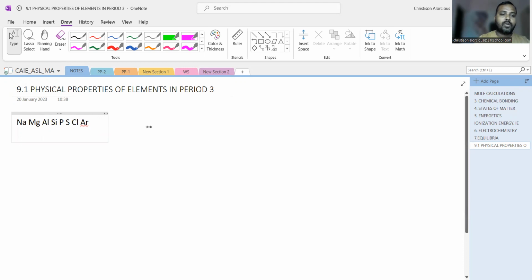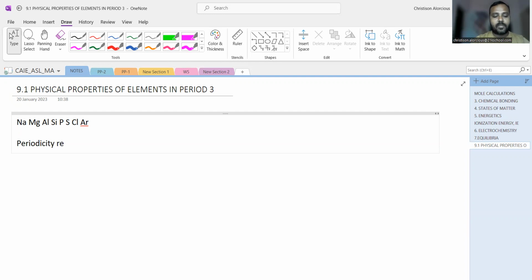Okay. So what we are going to do is talk about something called periodicity. The term periodicity refers to the variation or the gradual trend seen in the physical and chemical properties.